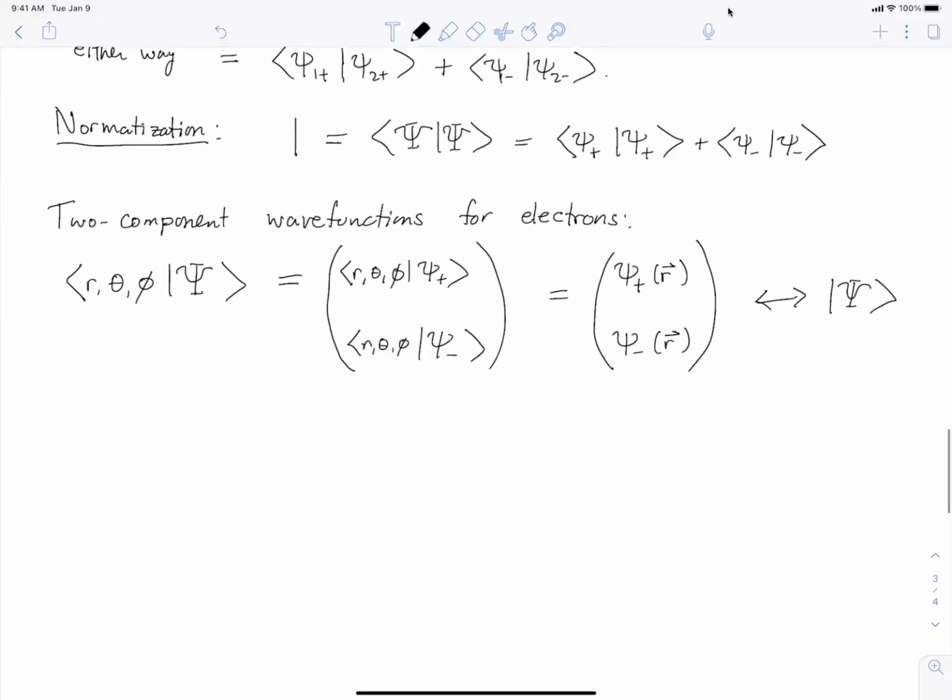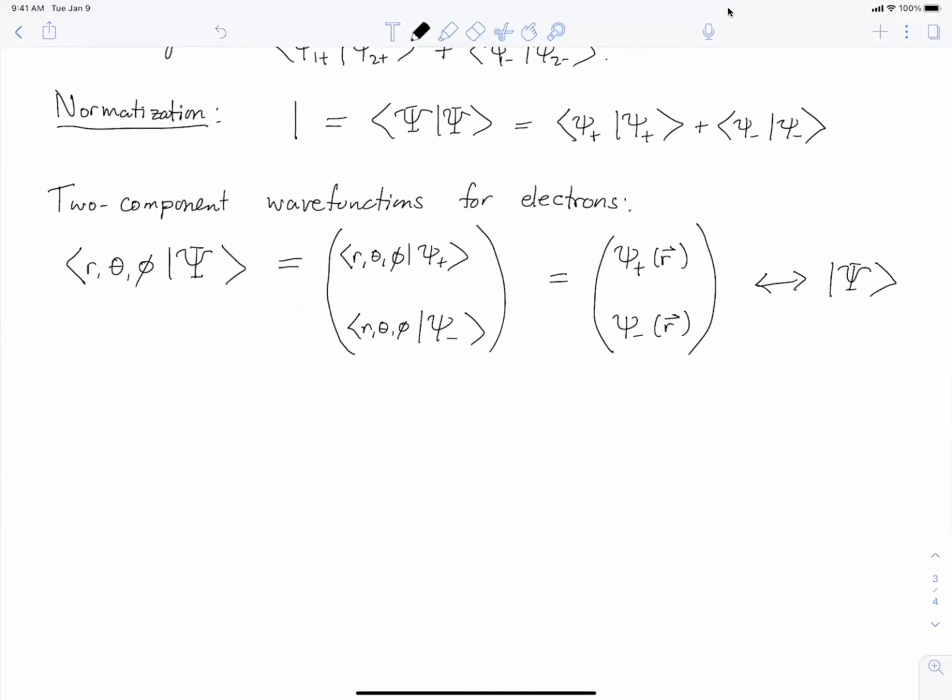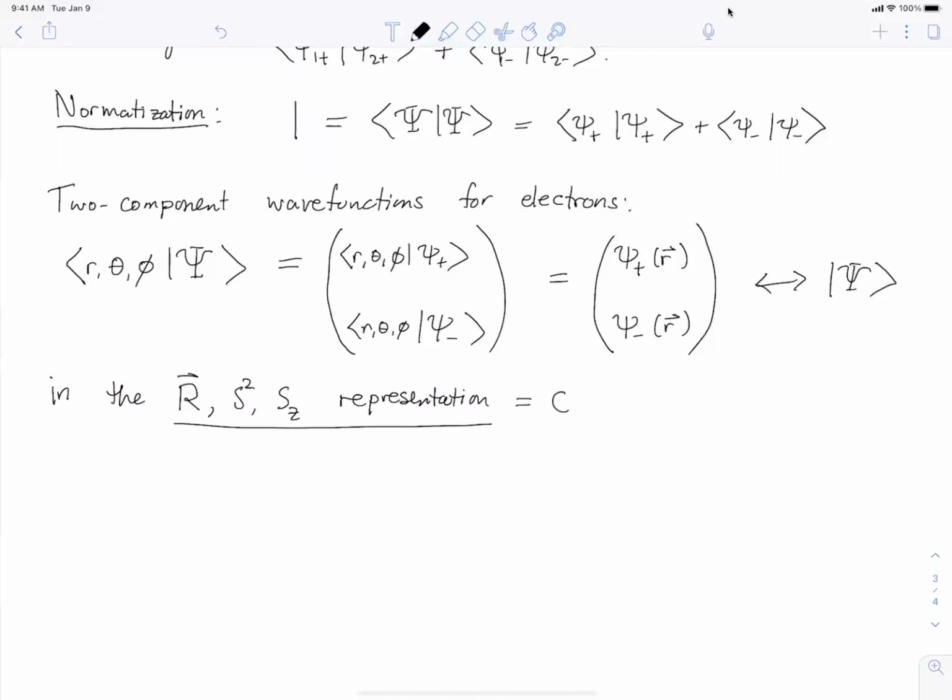Okay, and so what have we done here? What representation are we using? This is the r vector, position vector, S squared, S sub Z representation. Any representation is equivalent to specifying a complete set of commuting observables, and that tells us what representation we're in.